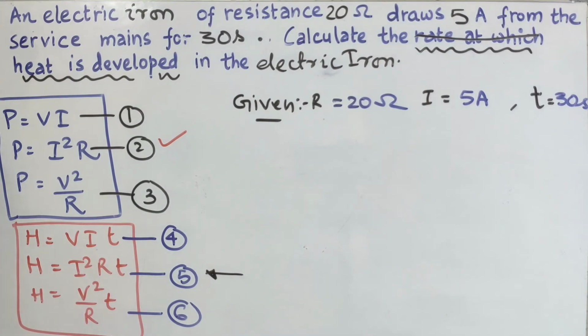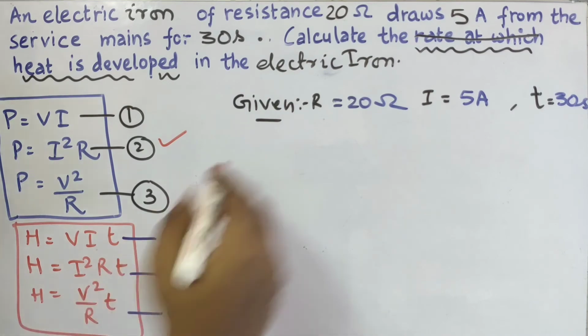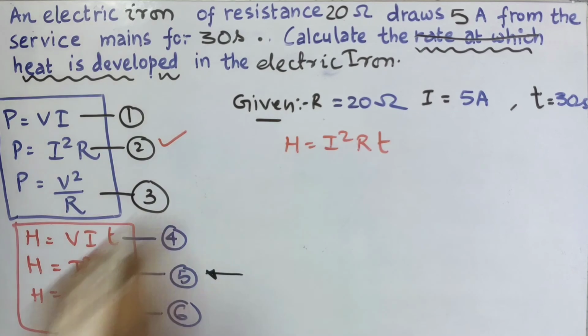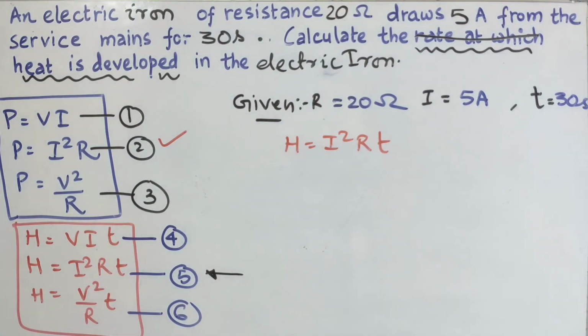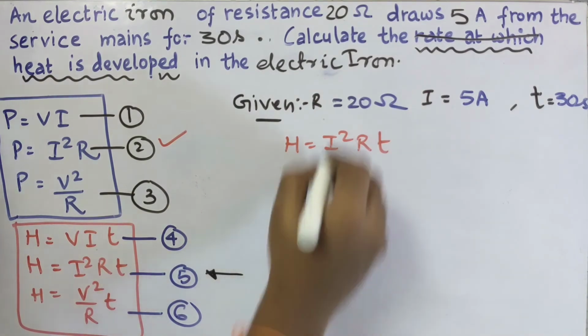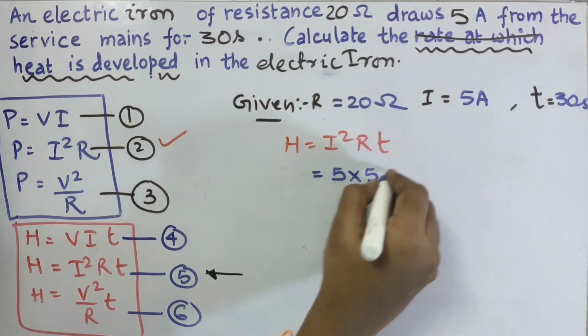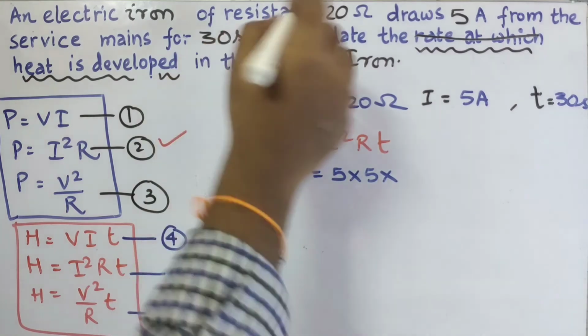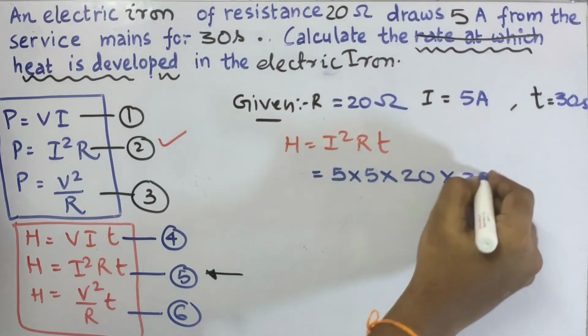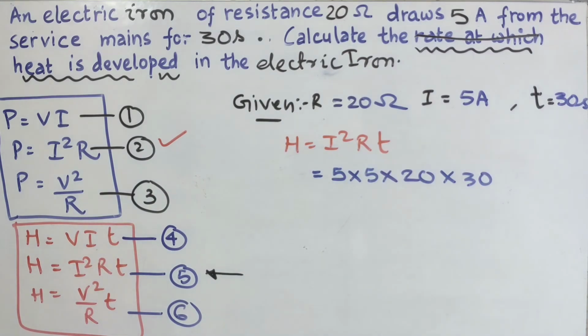So the equation is H is equal to I square R T. So let us put the values. I is equal to 5 square, 5 into 5. Resistance is equal to 20 and time is equal to 30. So multiply that.